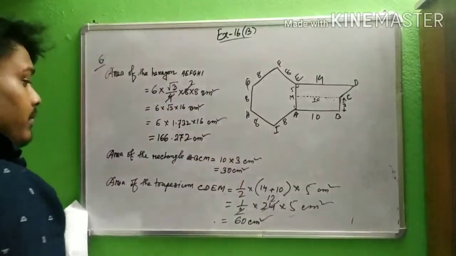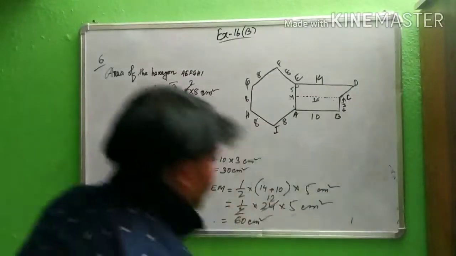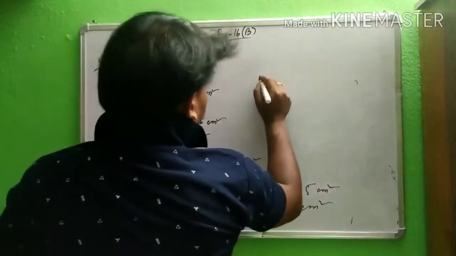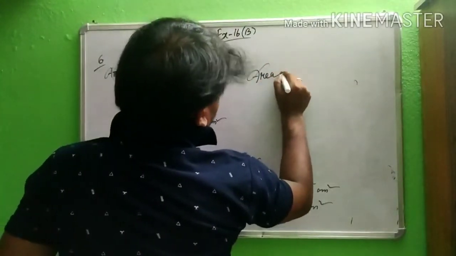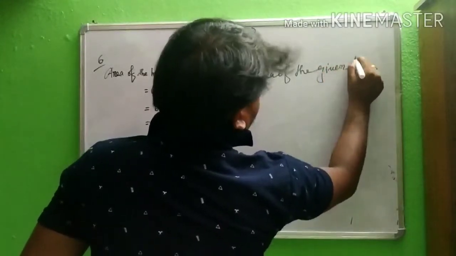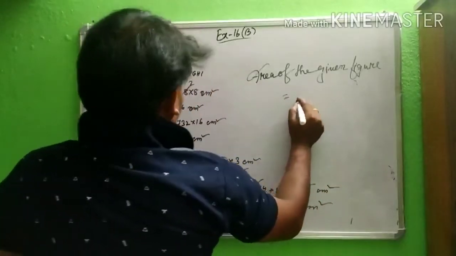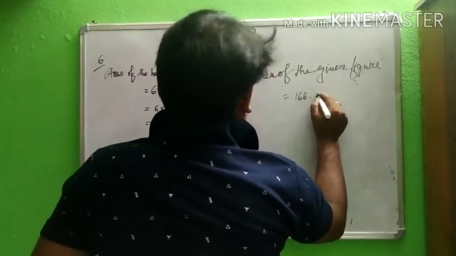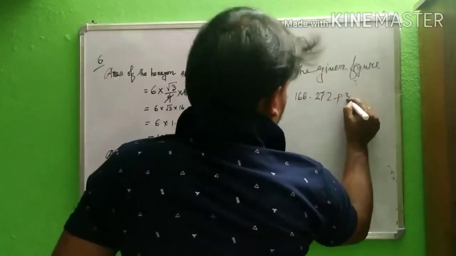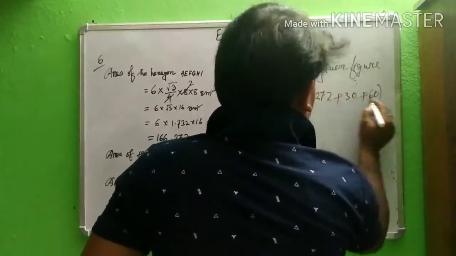Okay. So what is the required area of the figure? Therefore the area of the given figure equals 166.272 plus 30 plus 60 centimeter square.